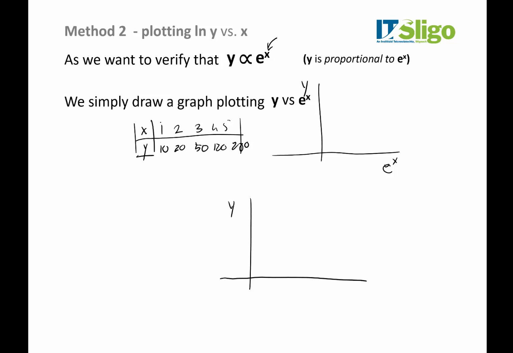So we could raise, instead of writing 1, we could get e to the power of 1, e to the power of 2, e to the power of 3, e to the power of 4, e to the power of 5. And then plot this value versus that. And we get a straight line. And if we get a straight line, that verifies that y is proportional to e to the power of x.